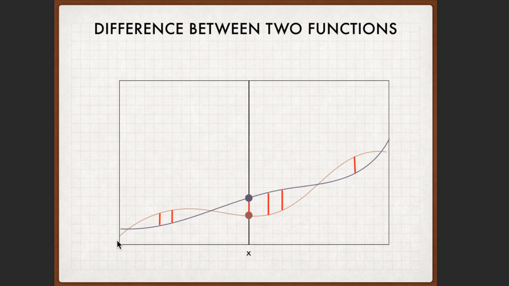It is natural to think that the difference between these two functions, one represented by this bluish green line and the other by the dark red curve, should be the area enclosed by the difference of these two curves.